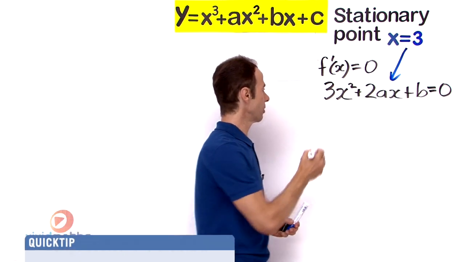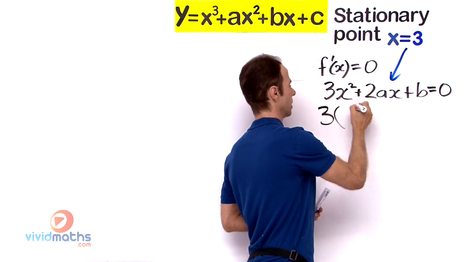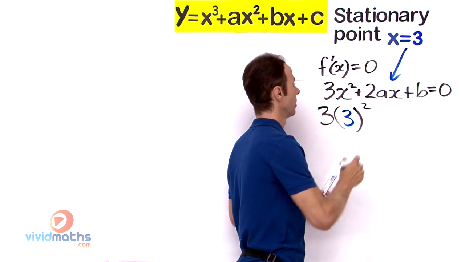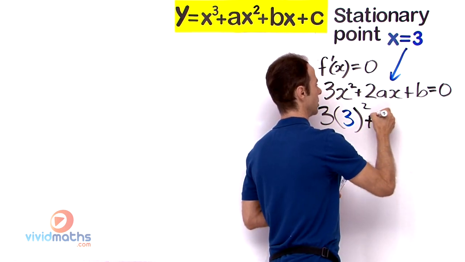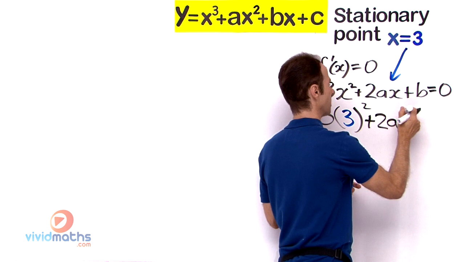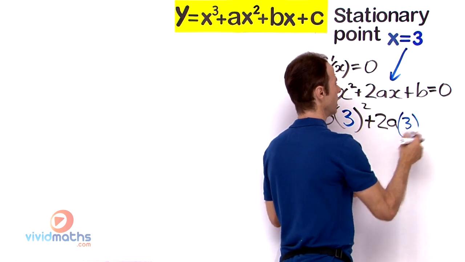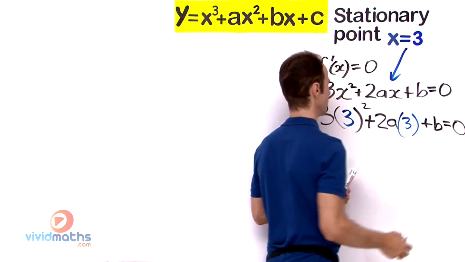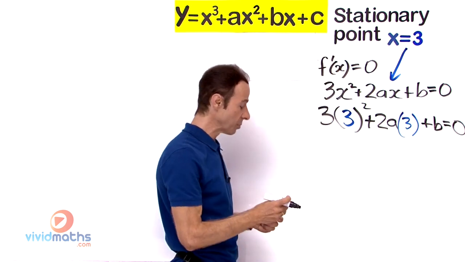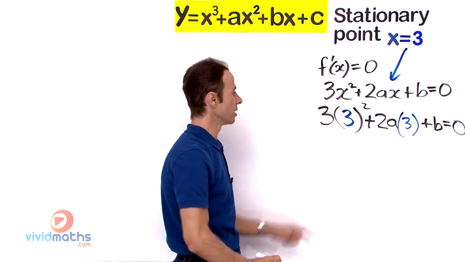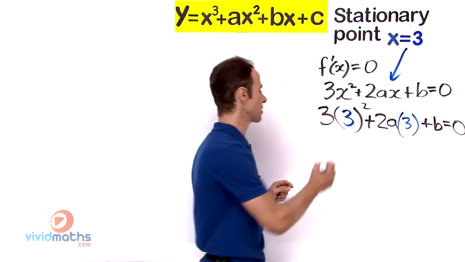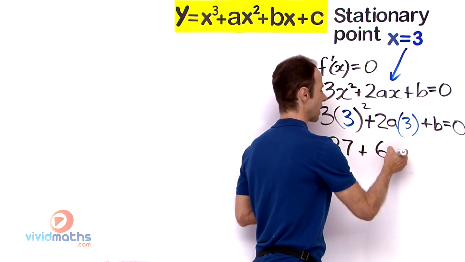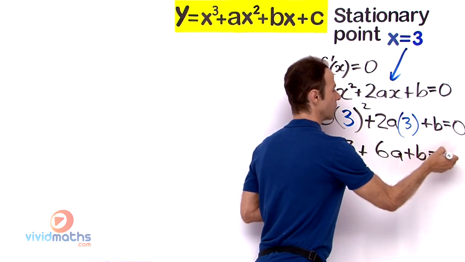So it's going to be 3 times 3 squared, plus 2a times 3, plus b equals 0. Simplifying further, 3 squared is 9, times 3 is 27. So 27 plus 6a plus b equals 0.